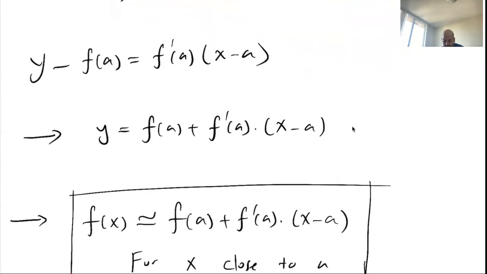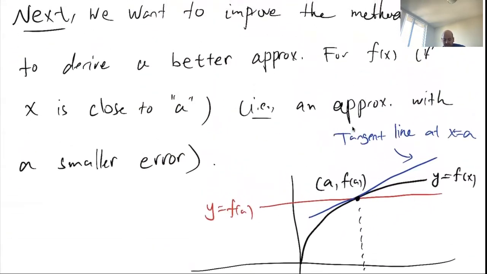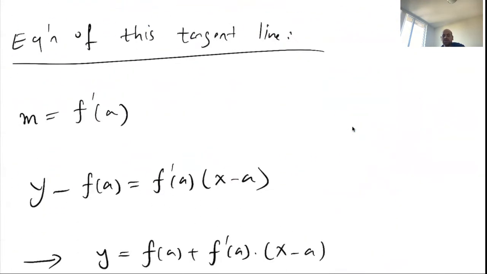Previously we said root 4.1 is almost 2 using just a constant function approximation. But this time we want to use local linear approximation to find an estimation for root 4.1.